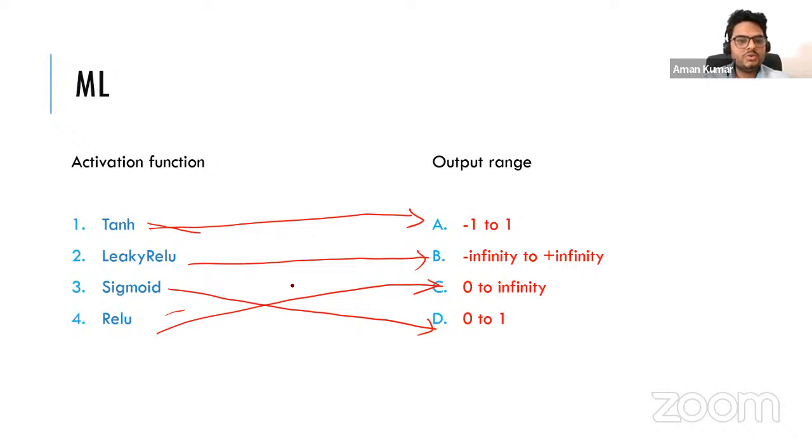And ReLU is 0 to infinity. Sigmoid is 0 to 1. Sigmoid is minus 1 to 1 or 0 to 1? Yes, he's saying sigmoid is minus 1 to 1. Sigmoid is minus 1 to 1 or tanh is minus 1 to 1? Which is minus 1 to 1?